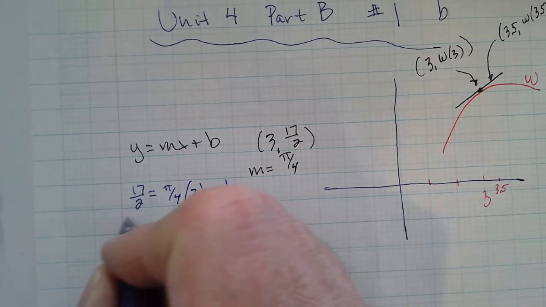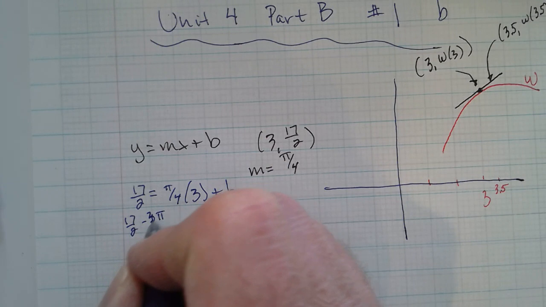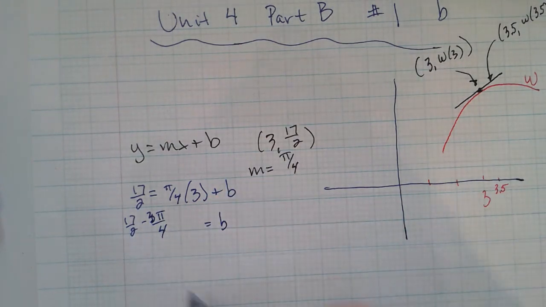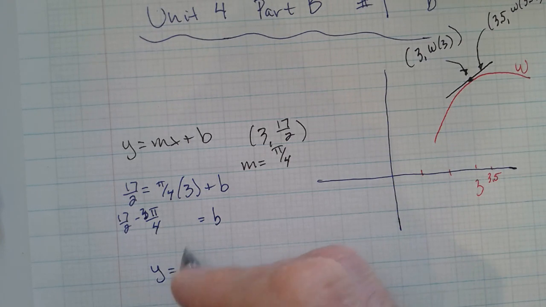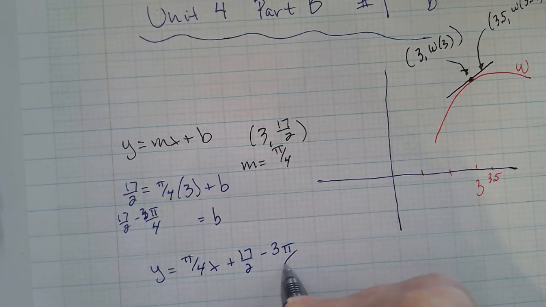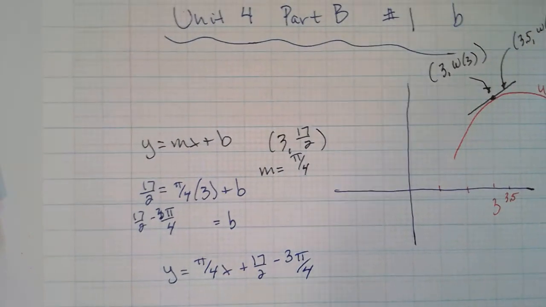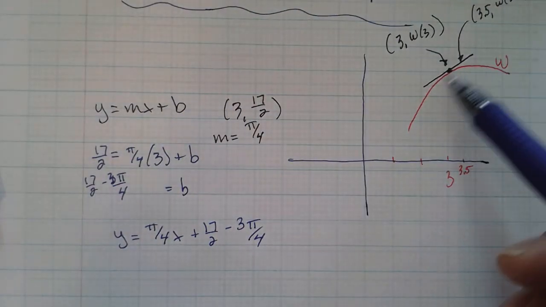So b is 17 halves minus 3 pi over 4. Okay, so that's my b. So my equation is pi over 4 x plus 17 halves minus 3 pi over 4. All right, so that's my linearization or my line of best fit at 3.